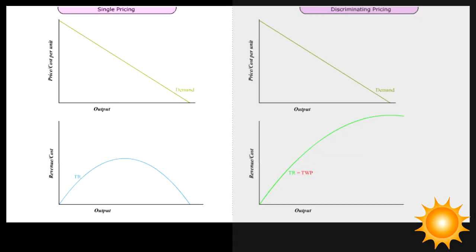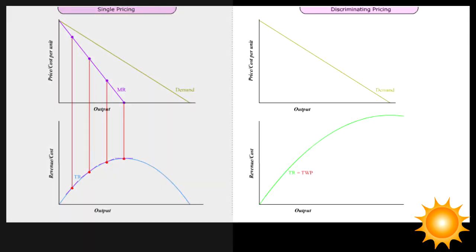From the single seller's TR curve, we can derive the marginal revenue, MR_SP, at any output level from the slope of TR. From the discriminating price's TR curve, TWP, we can derive the marginal revenue, MR_DP, at any output level from the slope of TWP.